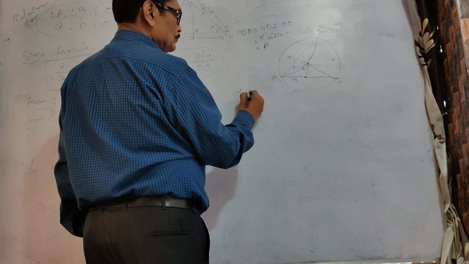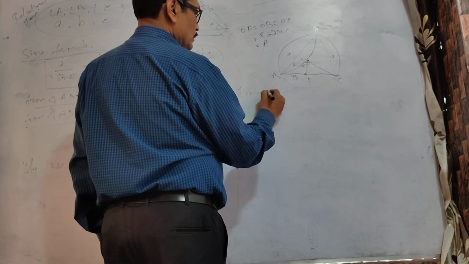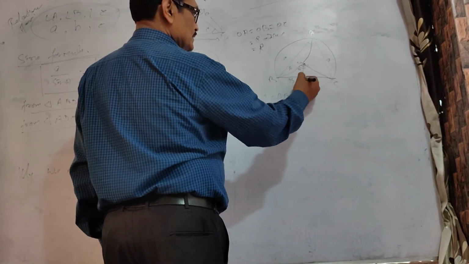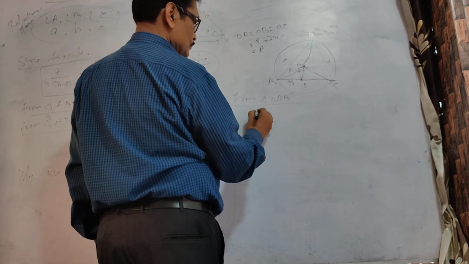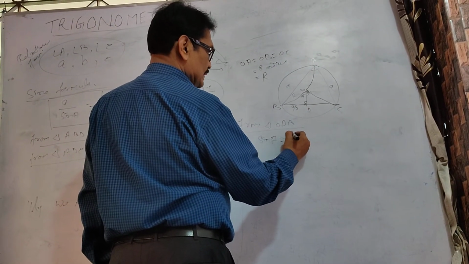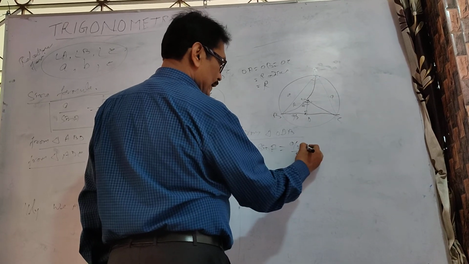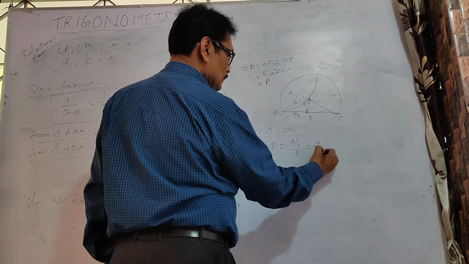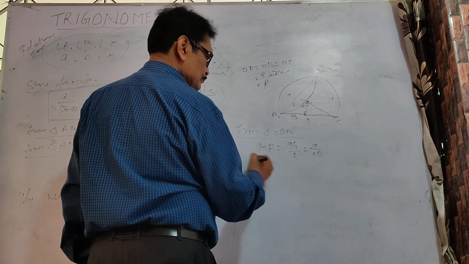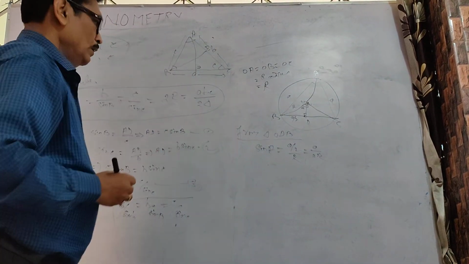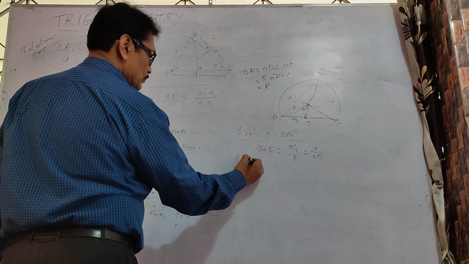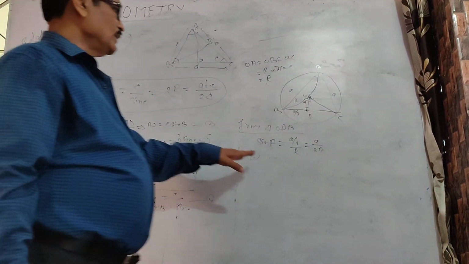So from triangle ODB, this one is a right angle, here sin A equals perpendicular upon hypotenuse, a by 2 upon R. So we can write a by 2R. Hence sin A is equal to a by 2R.